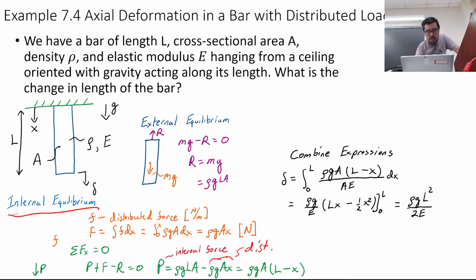This is the reaction force at the top. This is the R that you have here. And so now we can figure out what the internal force is in terms of rho g a times the quantity L minus x. Then we combine these expressions and put them into the constitutive equation, and this is what we get as a result.